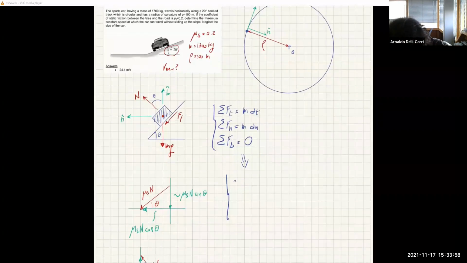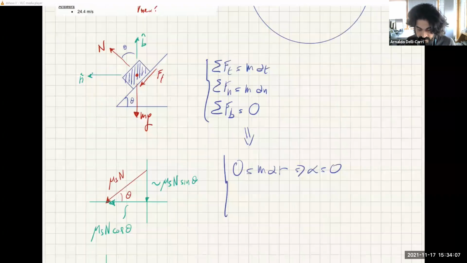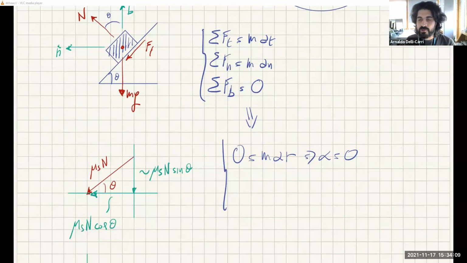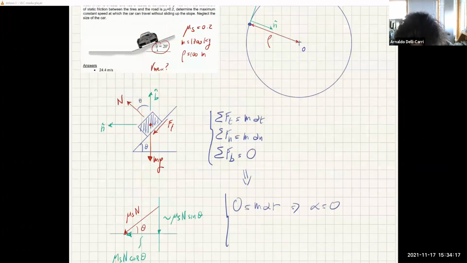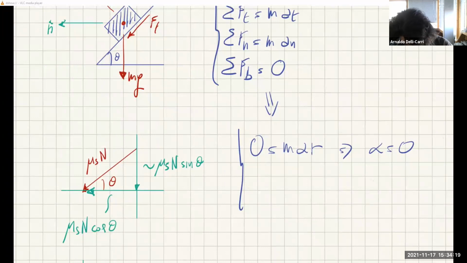So there's 0 equals m alpha r, so alpha is 0. This is what we expected. There is no acceleration along the track because the car is going at constant speed. Do I call it R or rho? I called it rho. So let's call this rho again so we don't get confused what it is.